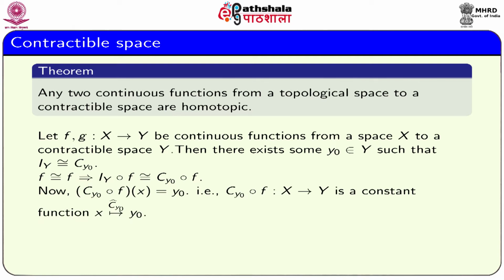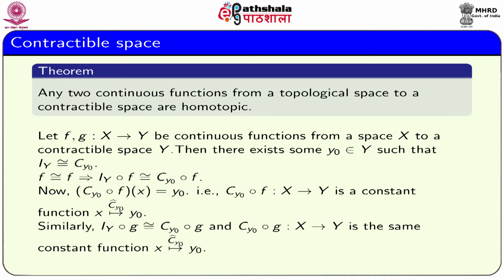Now, if we look at the function Cy0 composed f, then we see that it is actually the constant function which maps every point of X to y0. Let us denote that constant function by Cy0 cap. Similarly, doing the same thing with the given function g, we get that identity composed g is homotopic to the constant function Cy0 composed g, and this Cy0 composed g is once again the same function Cy0 cap.